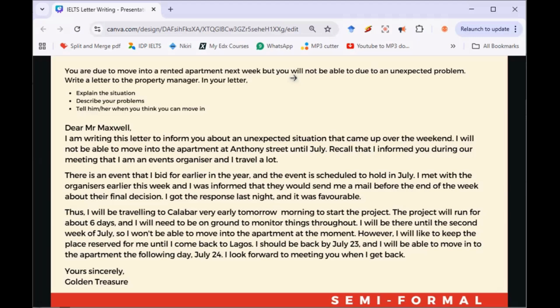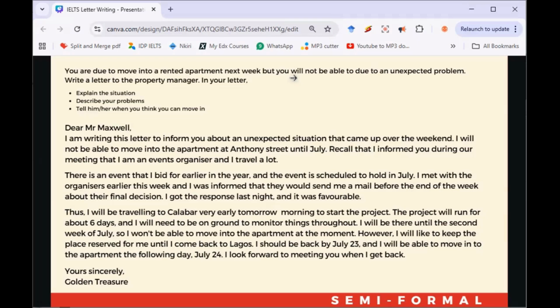I will not be able to move into the apartment at Anthony Street until July. Recall that I informed you during our meeting that I am an events organizer and I travel a lot. There is an event that I bid for earlier in the year, and the event is scheduled to hold in July. Full stop.